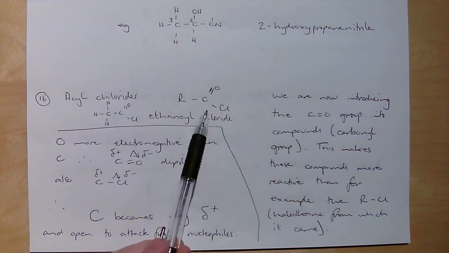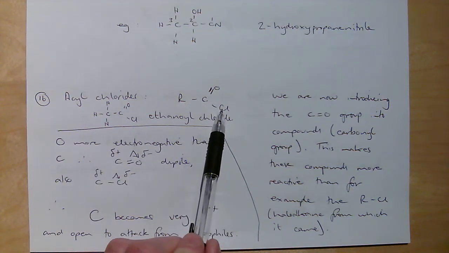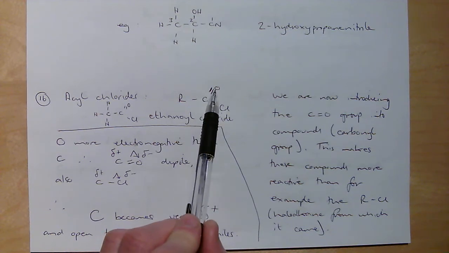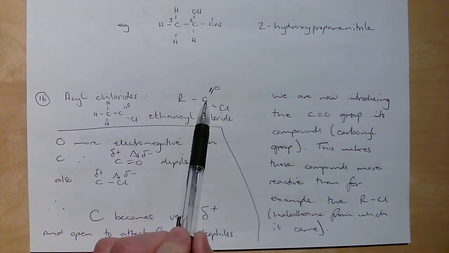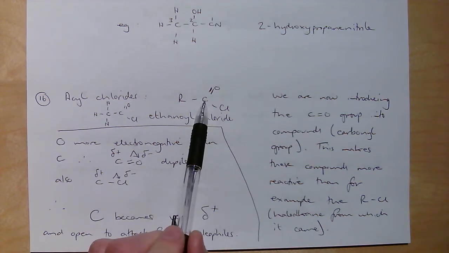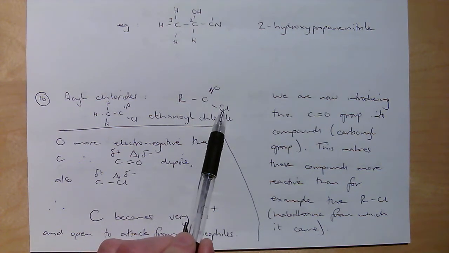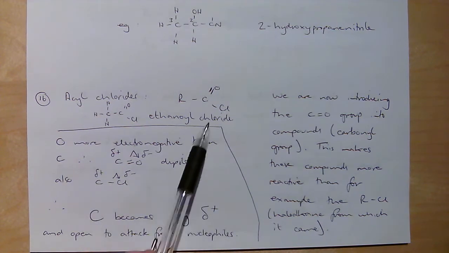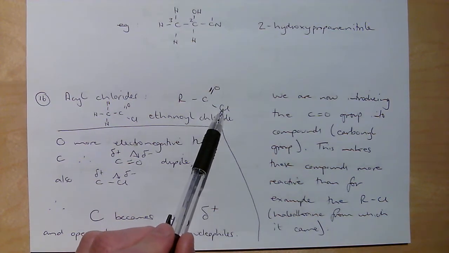Okay, so why are these more reactive than the equivalent haloalkane? Well, if you look at the molecule, we've got this oxygen and the chlorine attached to that carbon. That oxygen is more electronegative than the carbon, so we get a dipole across that bond, making that carbon delta positive. But the chlorine is also more electronegative than the carbon, so that also drags electron density towards it.